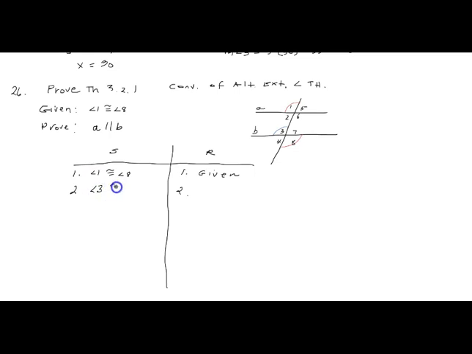So angle 3 is congruent to angle 8, and that is vertical angles. And because we've proved vertical angles, we can now say that angle 1 is congruent to angle 3. So we proved 1 is congruent to 8, 3 is congruent to 8. So now I can say that angle 1 is congruent to 3, and that is the transitive property.